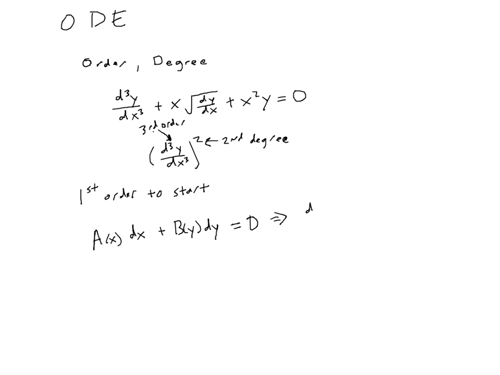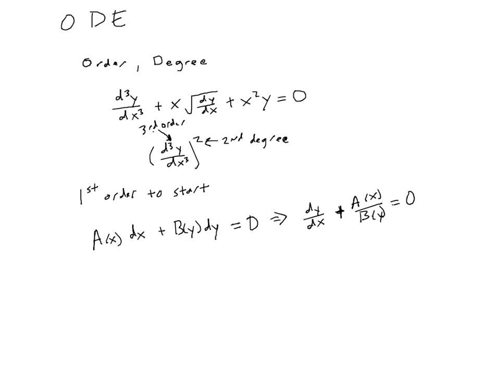This can also be written as dy/dx plus a(x) over b(y) equals 0. By just dividing things through, you can see how that works out.